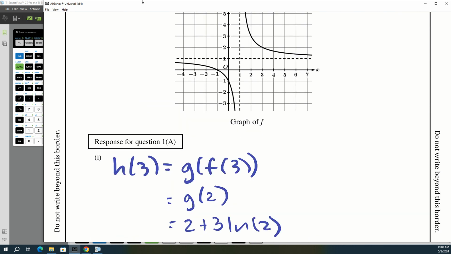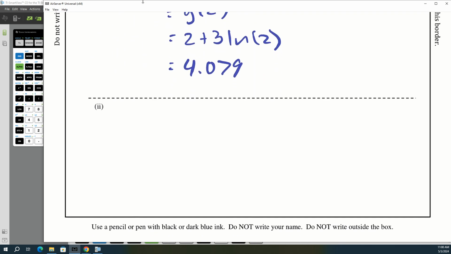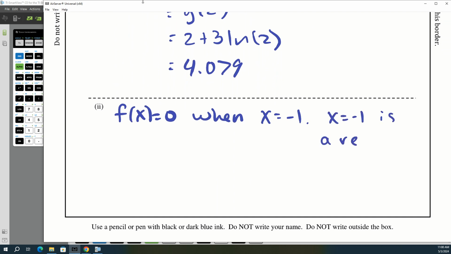They're just testing that you understand what a zero is. So we can say that f of x equals 0 when x equals -1. So x equals -1 is a real zero of f.